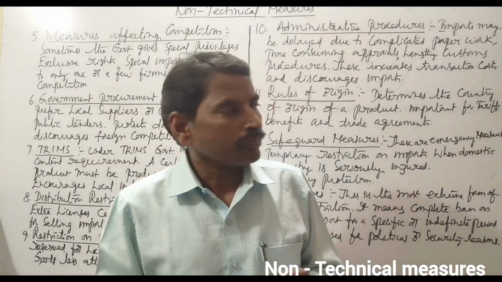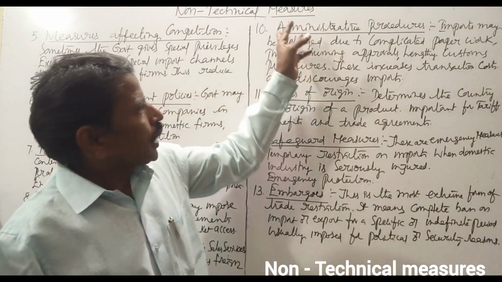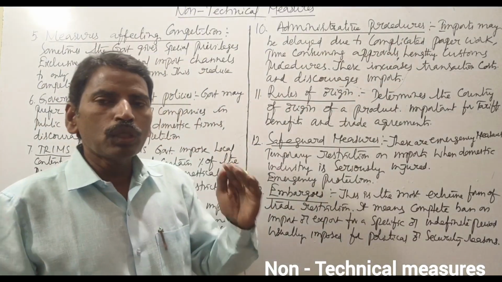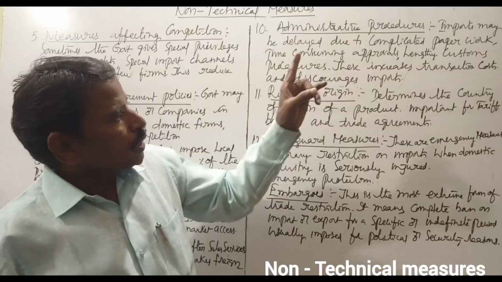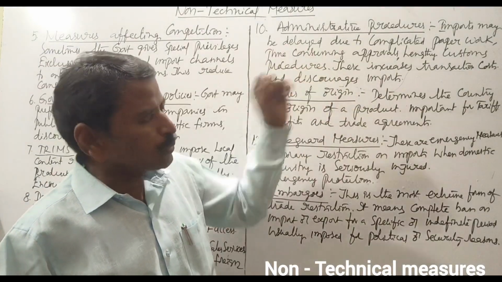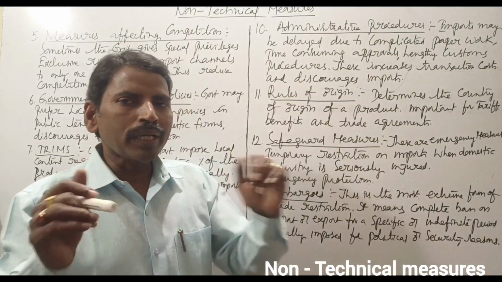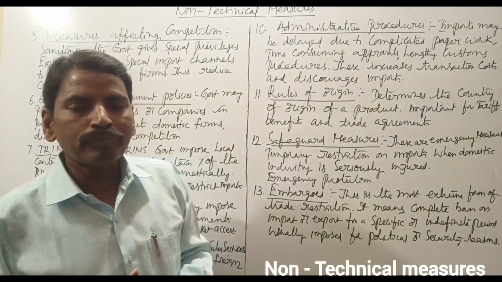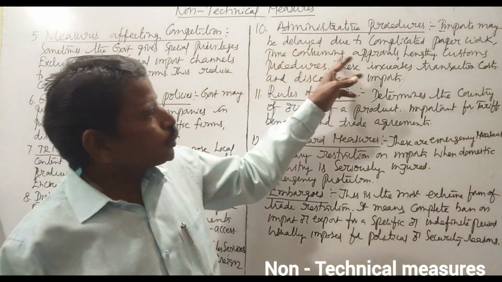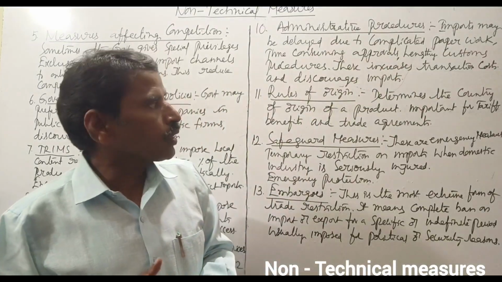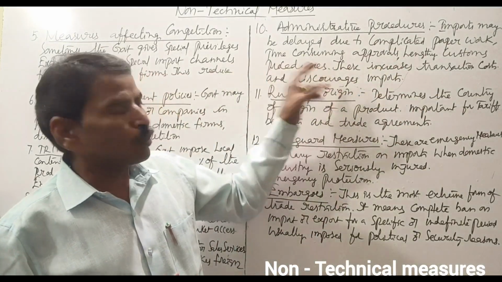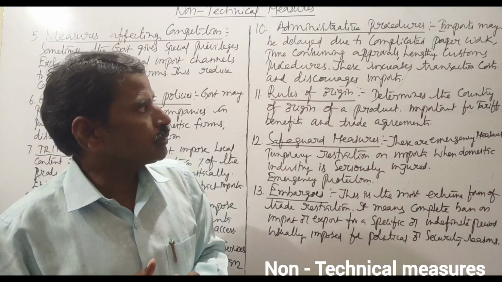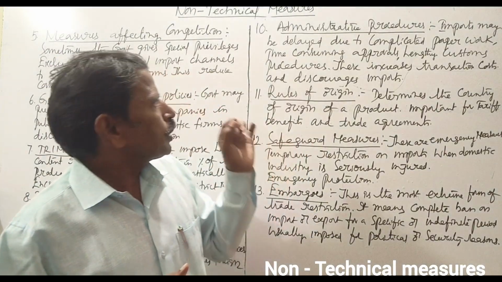Next, the tenth one, administrative procedures. Imports may be delayed due to several reasons: too complicated paperwork, time consuming approvals, lengthy customs procedures, etc. Because of these reasons, imports may be delayed.